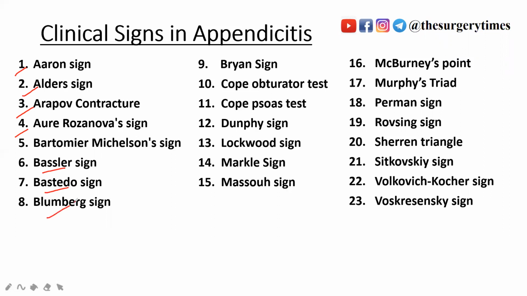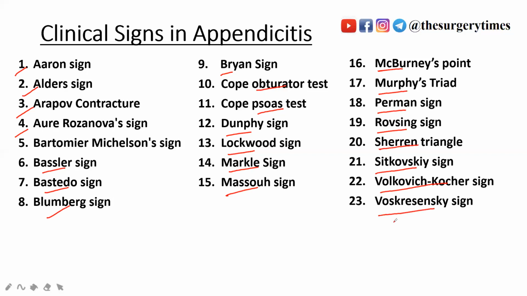Next is Brian sign, Cope's obturator and psoas test, which everybody knows. Dunphy sign you might also know. Lockwood sign, Markle sign, Massouh sign. Next is McBurney's point, Murphy's triad, Pasternack sign, Rovsing sign, Sherren triangle, Sitkovskiy sign, Volkovich-Kocher sign, Voskresensky sign.